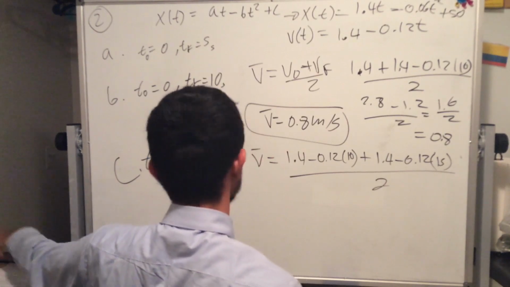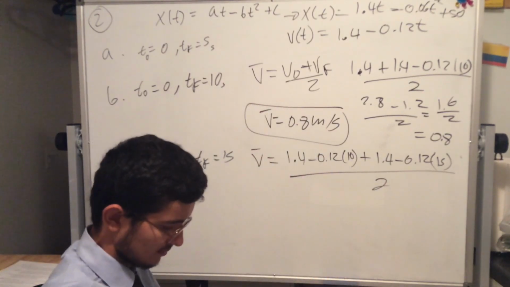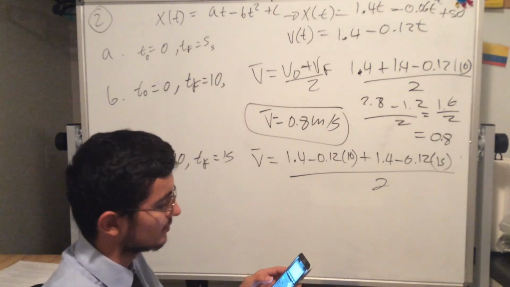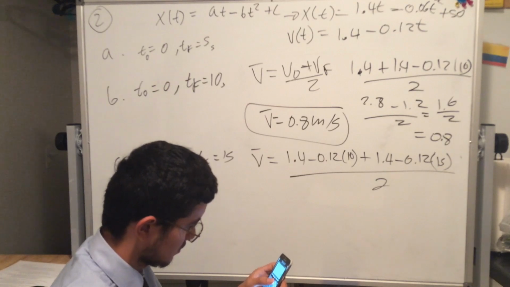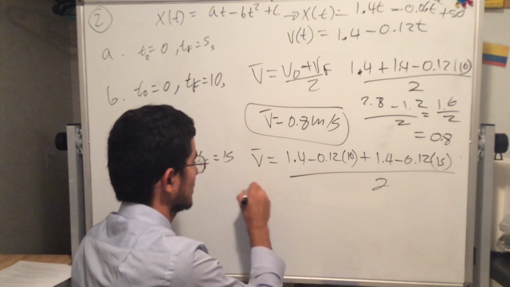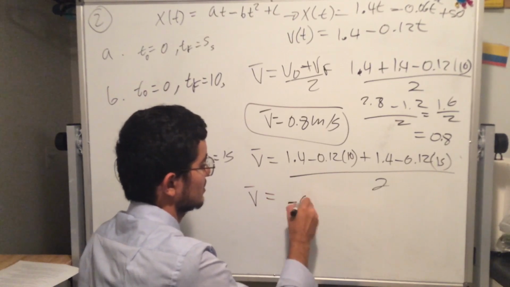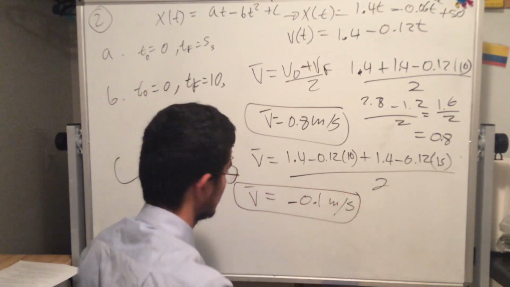We can plug that in the calculator. The average velocity for part C is negative 0.1 meters per second. That's the answer.